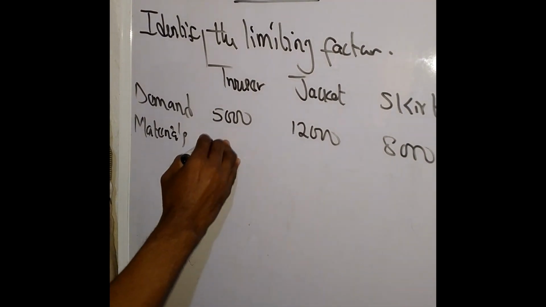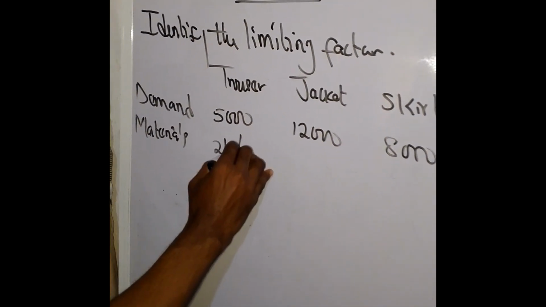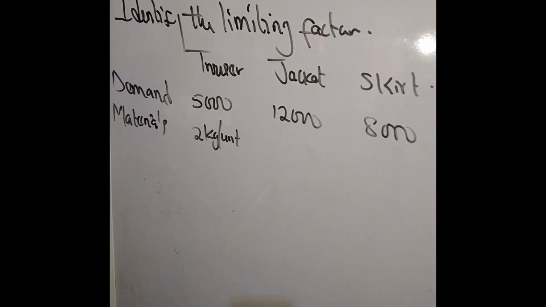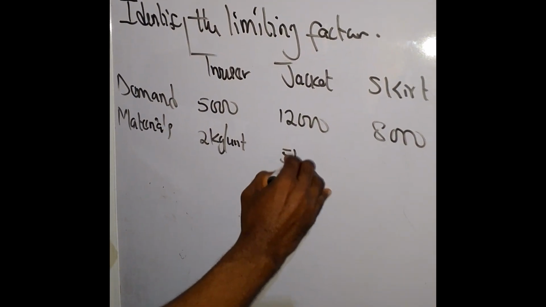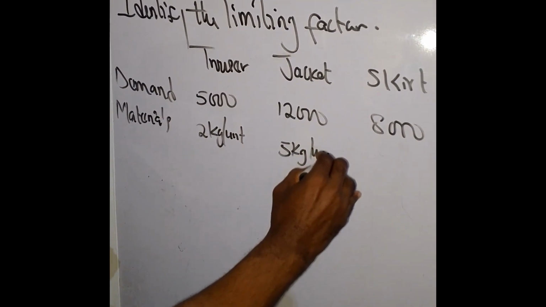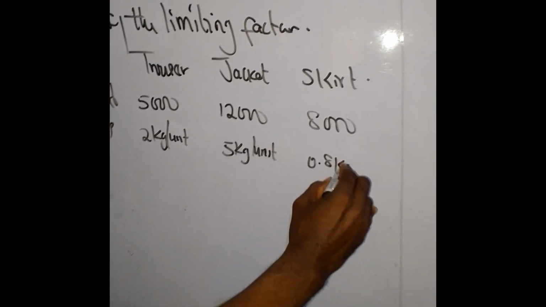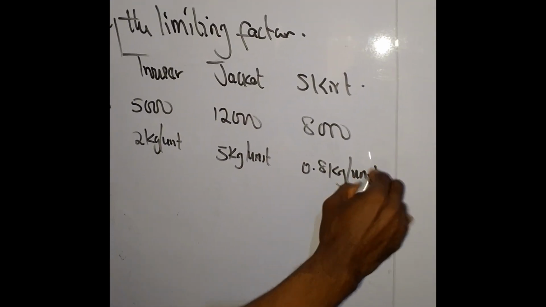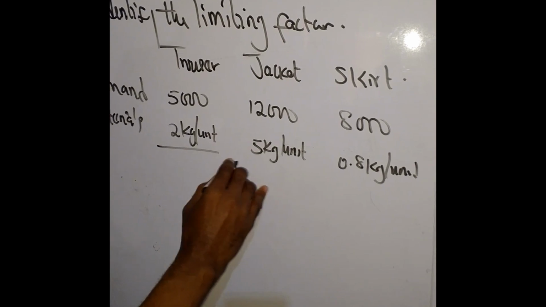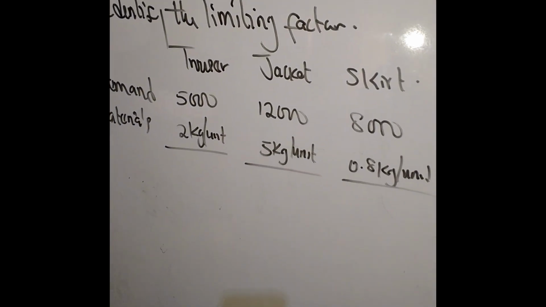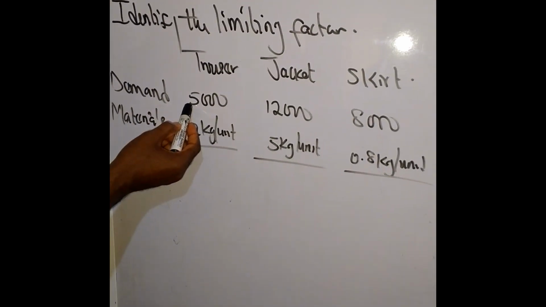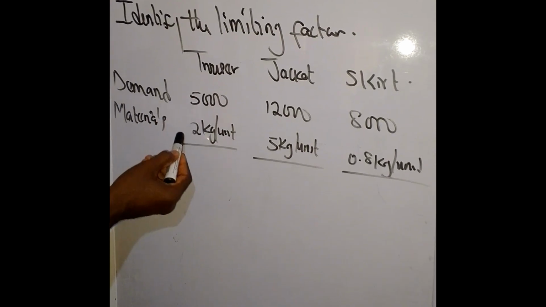The first one is 2 kg per unit. The next one is 5 kg per unit, and this is 0.8 kg per unit.